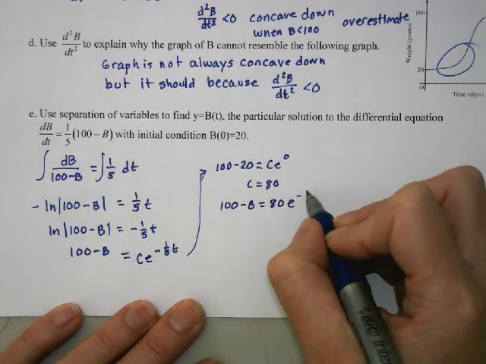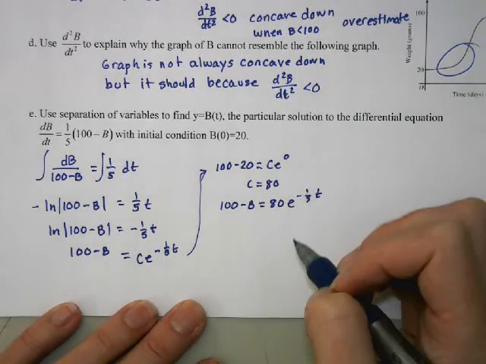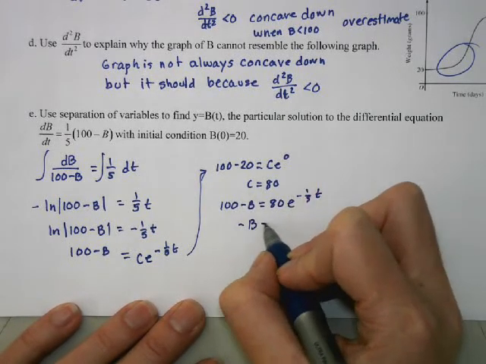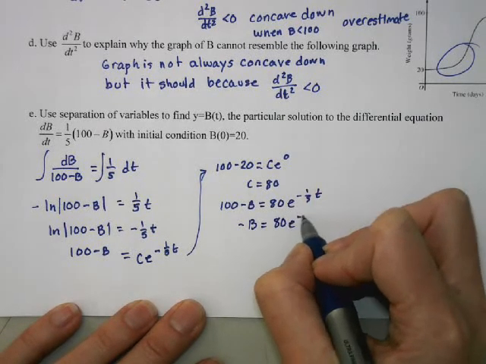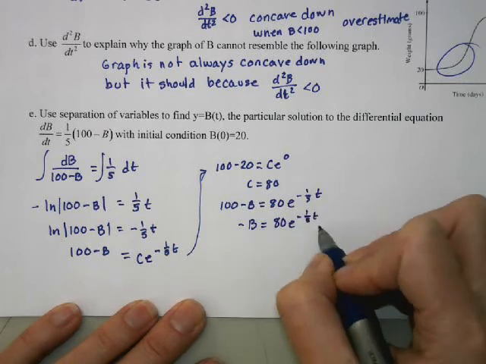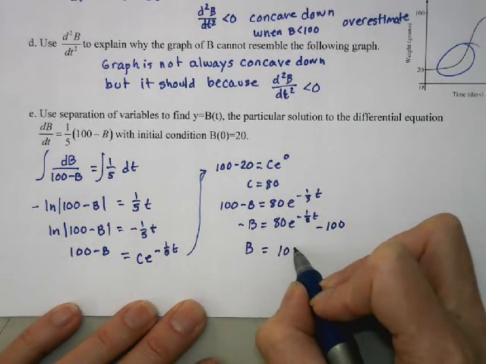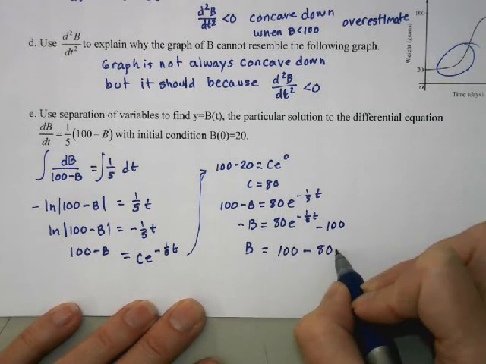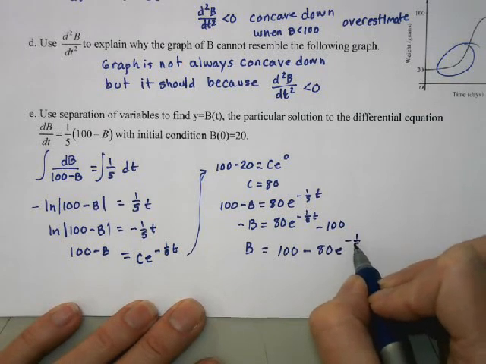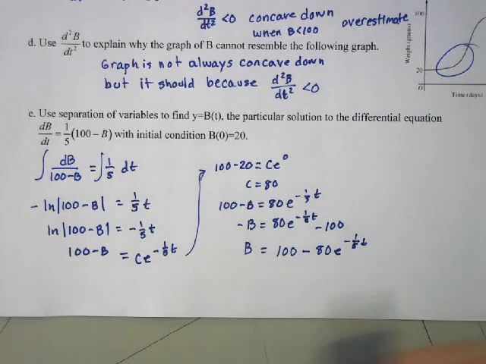So we'll subtract 100. And then multiply by negative 1. So b is going to be 100 minus 80 e to the negative 1/5 t. So that was an actual AP question involving differential equations and their application.